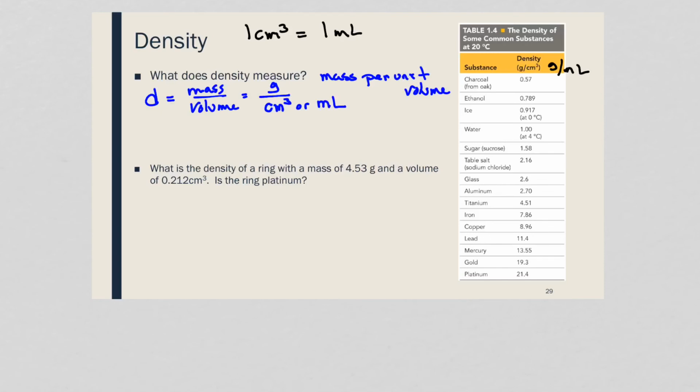So the basic equation for density then is often abbreviated as density equals mass divided by volume. Or again, the ratio of the amount of mass per unit volume of a material. So let's do an example problem here.